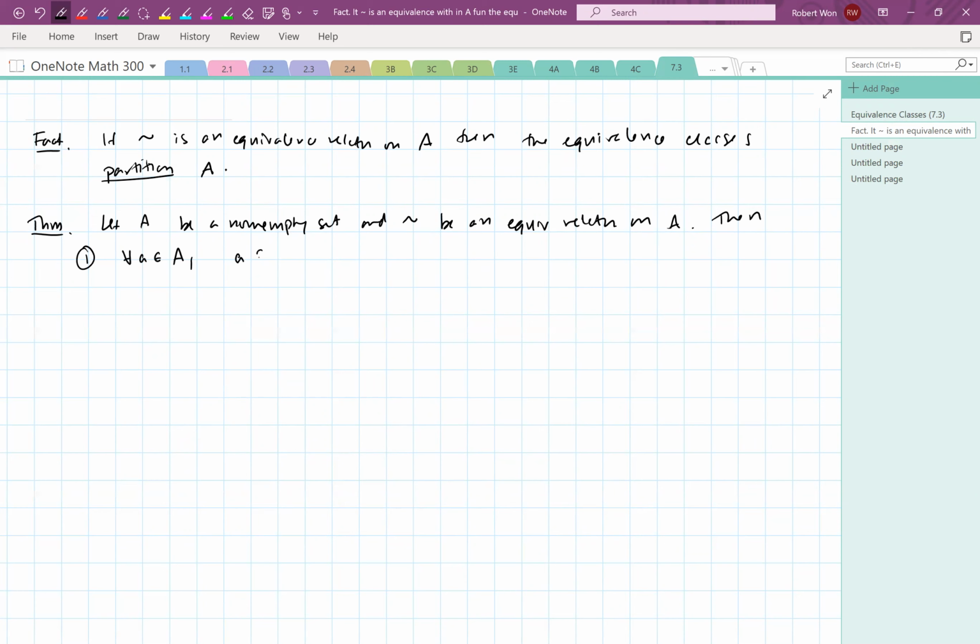Which equivalence class can you find a in? You can find a in the equivalence class of a. Okay, 2, for all a and b in A, a is equivalent to b if and only if the equivalence class of a is equal to the equivalence class of b.